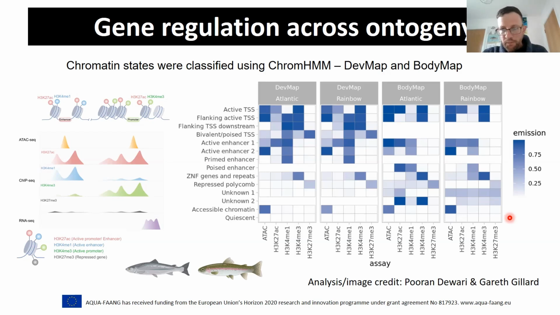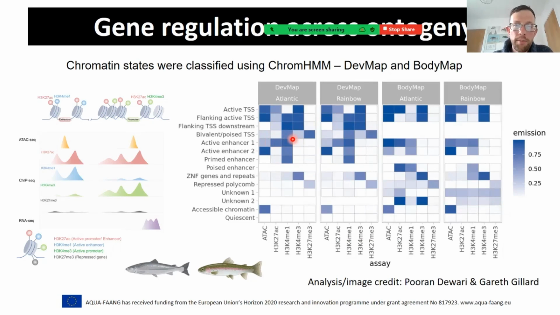So, for example, we can identify enhancer regions based on the combination of open chromatin and the presence of H3K27 acetylation and/or H3K4me1 to the exclusion of H3K4me3. And there are many other classes too.